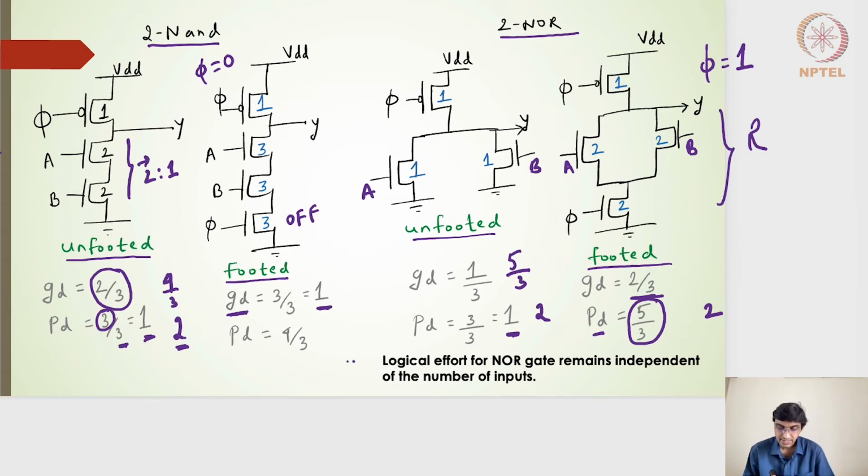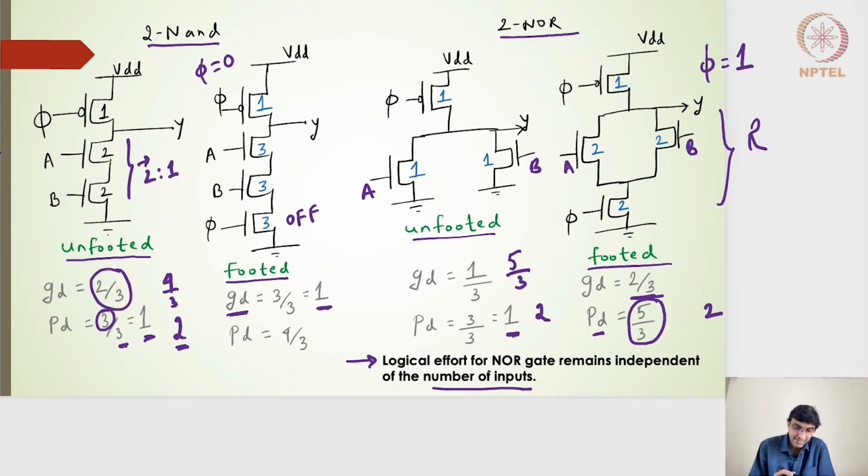So note that the logical effort for the 2-input NOR gate, or an n-input NOR gate, remains independent of the number of inputs. Right. So the logical effort is actually dependent on one of the inputs that we consider. So it really doesn't depend on how many inputs there are.